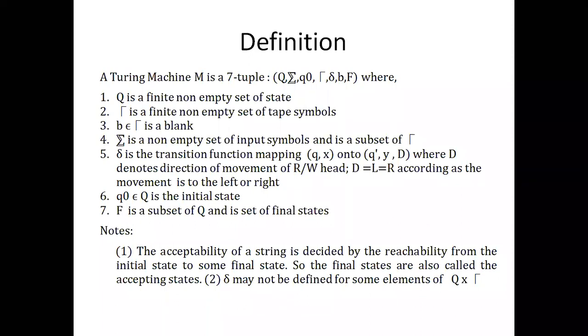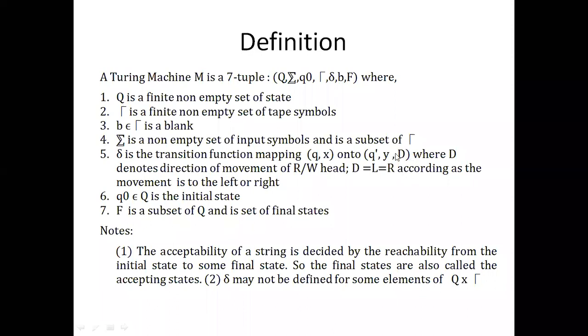Now because we have both read and write options associated with the tape of the Turing machine, what will be the transition function? The input symbol X along with your current state Q of the machine will map to some other state Q dash. So on reading the symbol X from the state Q, the machine might go to the state Q dash and it might replace that X with some symbol Y, and D is the direction of the movement of the read write head.